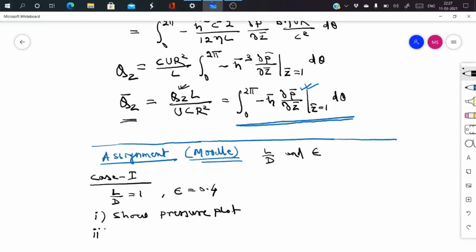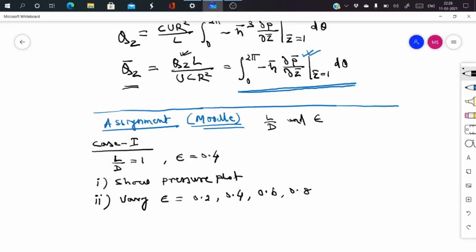Second point, vary epsilon like 0.2, 0.4, 0.6 and 0.8, 4 values, while keeping L by D still 1, and then calculate W bar, mu R by C and Q Z bar.